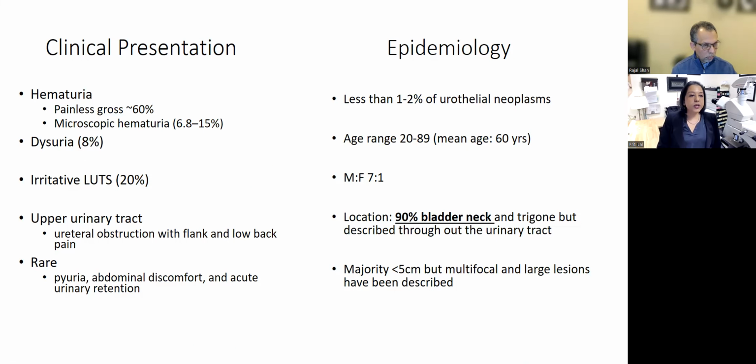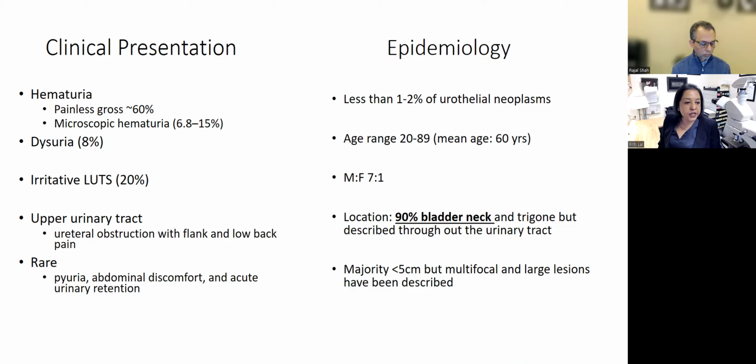With this, we go into the clinical presentation of inverted urothelial papilloma. Now, the majority of the patients present with painless gross hematuria, about 60%. A subset will present with microscopic hematuria, which will be picked up as a result of some other urine workup.